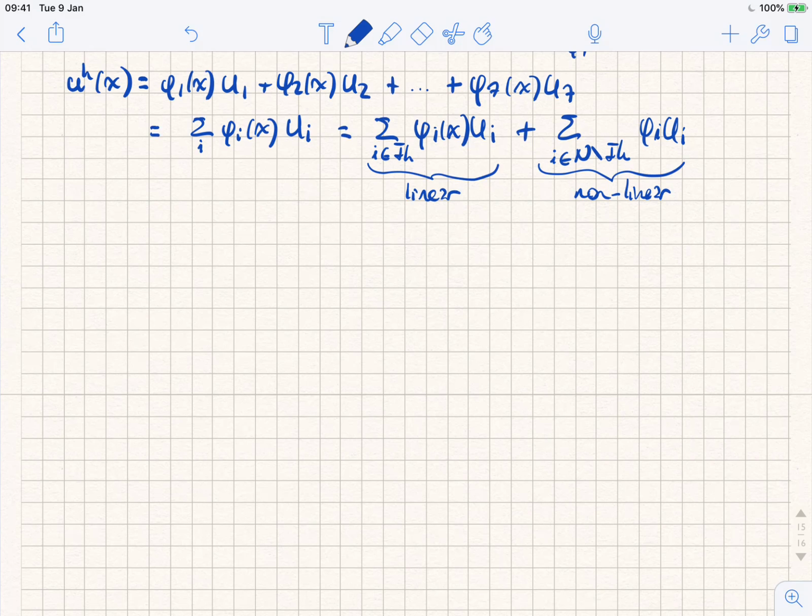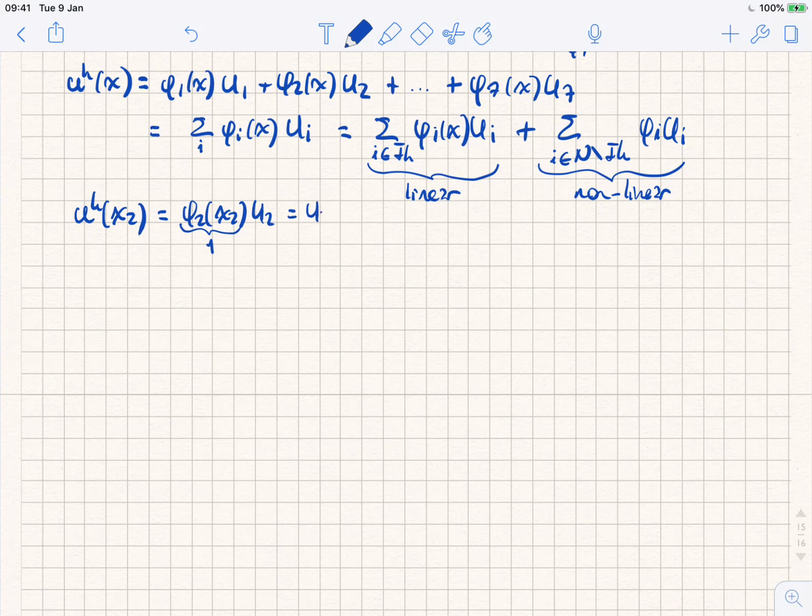So let's write that again. If you take a look at UH evaluated at x2, we say that this is phi2 of x2 times u2, and because of the Kronecker delta property of the linear shape functions, this is equal to 1, and every other shape function is equal to 0, so I have only that term.